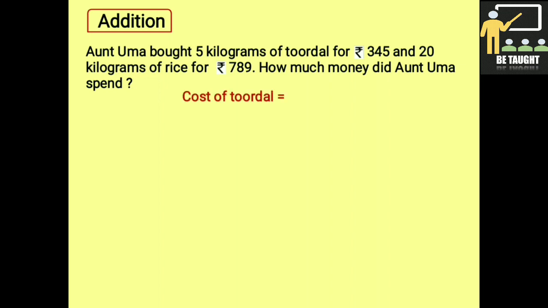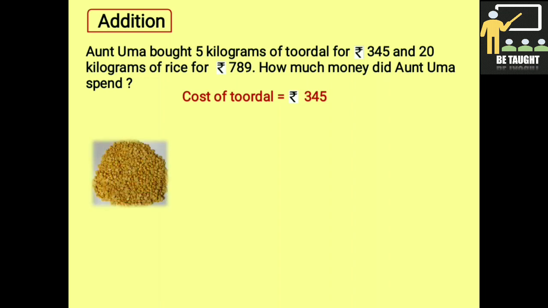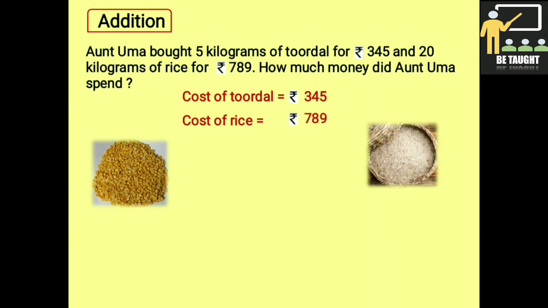We are given the cost of tur dal, that is rupees 345, and the cost of rice, that is rupees 789. What is asked? We are asked the total cost of it. So we are using the method that is addition over here.